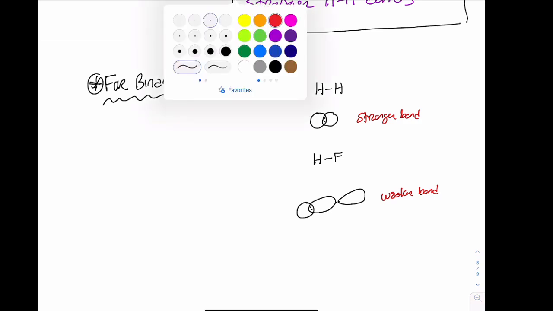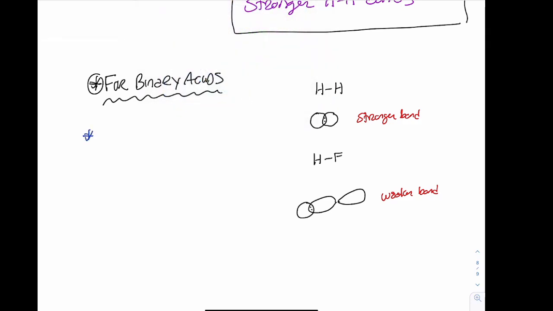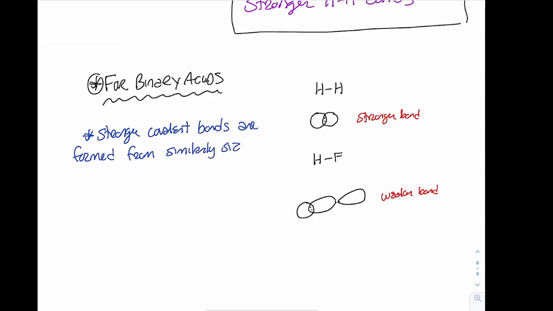So stronger covalent bonds, and we're talking covalent bonds, we should probably add that. We're not sharing electrons if it's not covalent. In ionic bonds, one atom is losing electrons, another atom is taking them, and we have oppositely charged atoms attracted to each other. Stronger covalent bonds are formed from similarly sized and shaped orbitals.